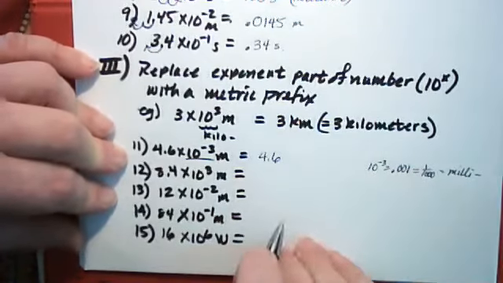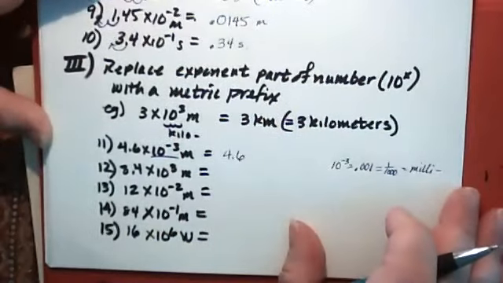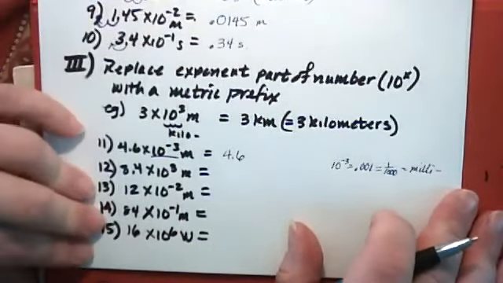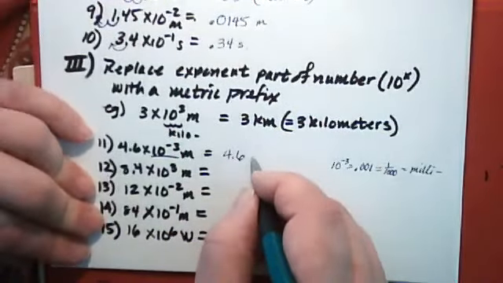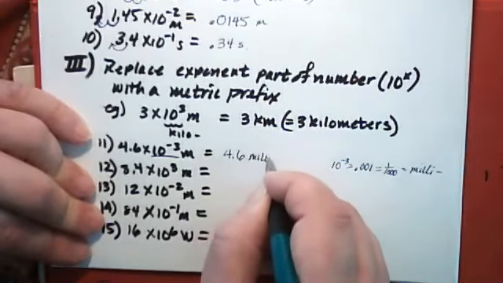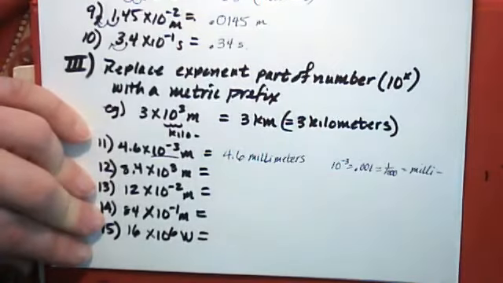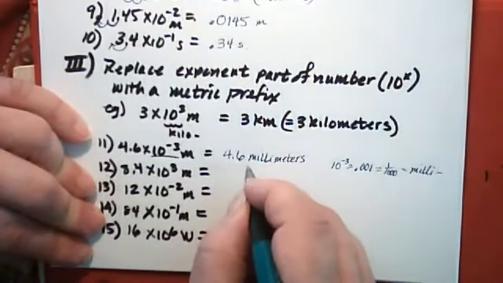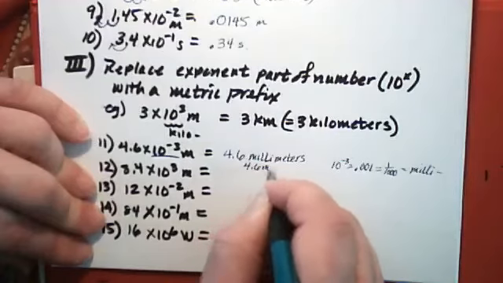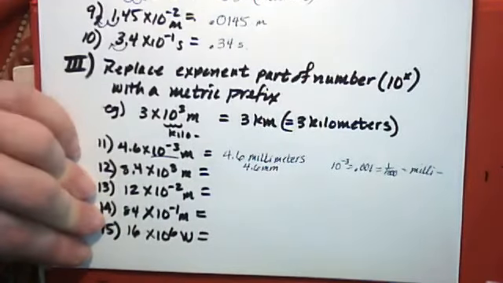And that is the prefix, whoops, it's off the edge, milli. So this would be 4.6 millimeters, or for short, 4.6 mm.